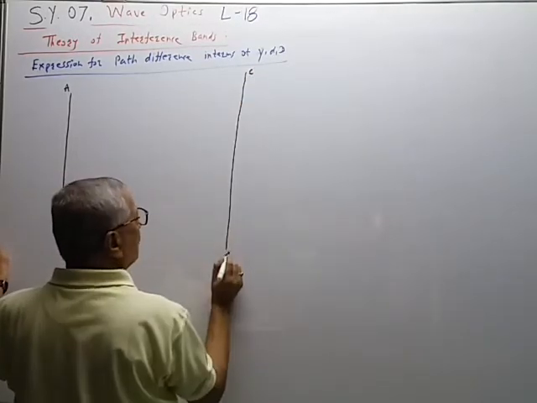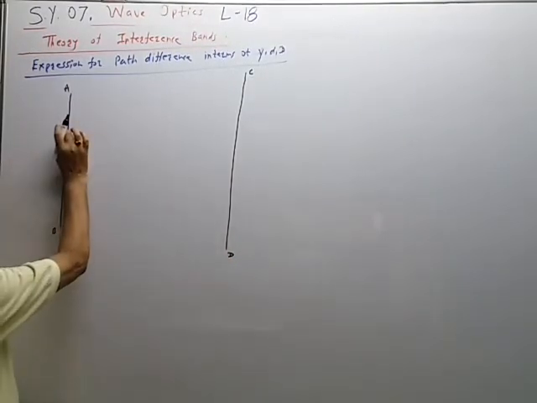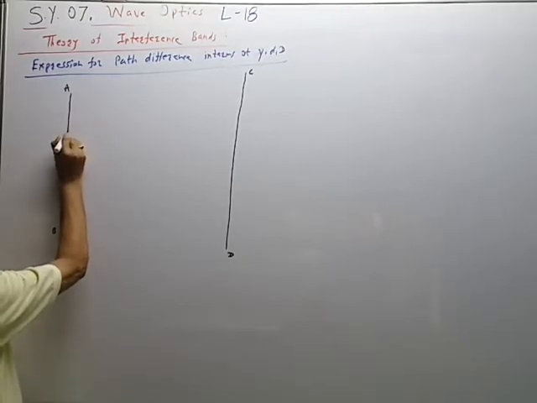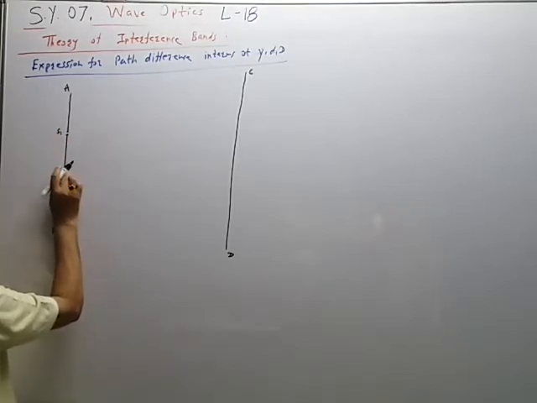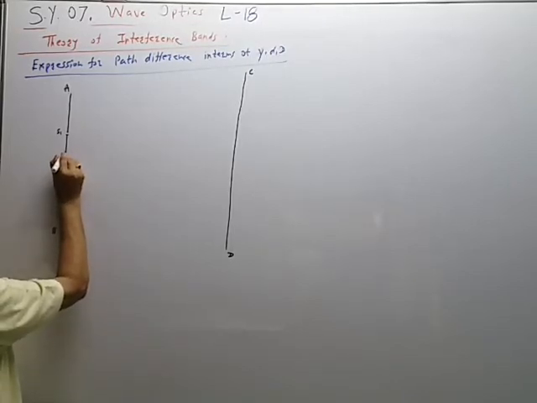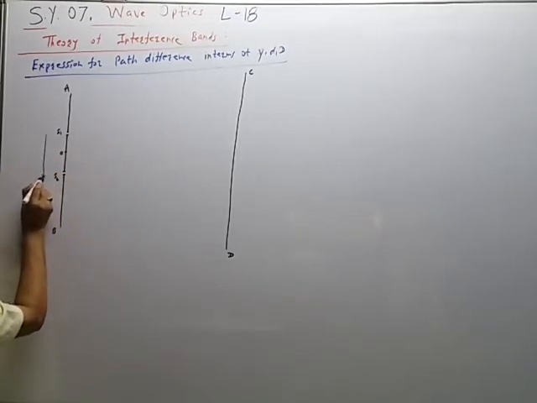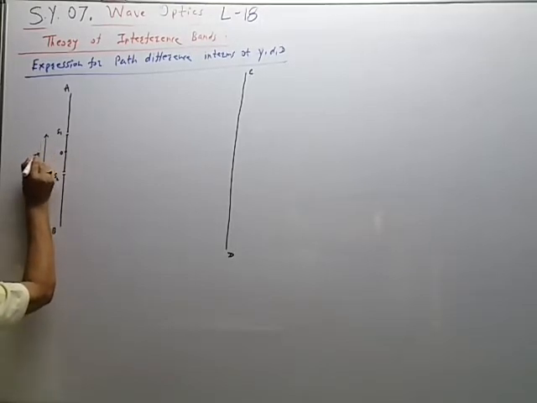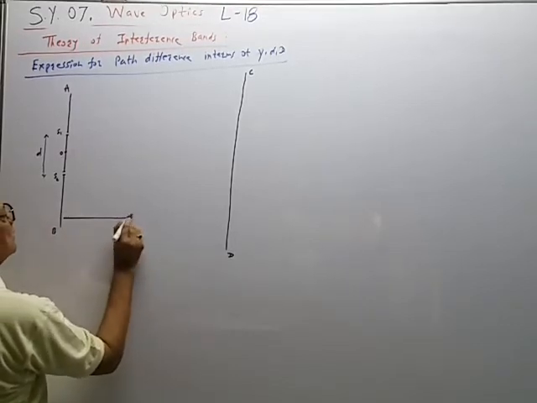CD screen is used to observe the interference pattern, and AB is used to produce the two monochromatic and coherent sources like this. So this is slit S1, this is another slit S2, and this is the center of the two slits, O. These two slits are separated by a small distance d. The two screens are kept separated by distance capital D.